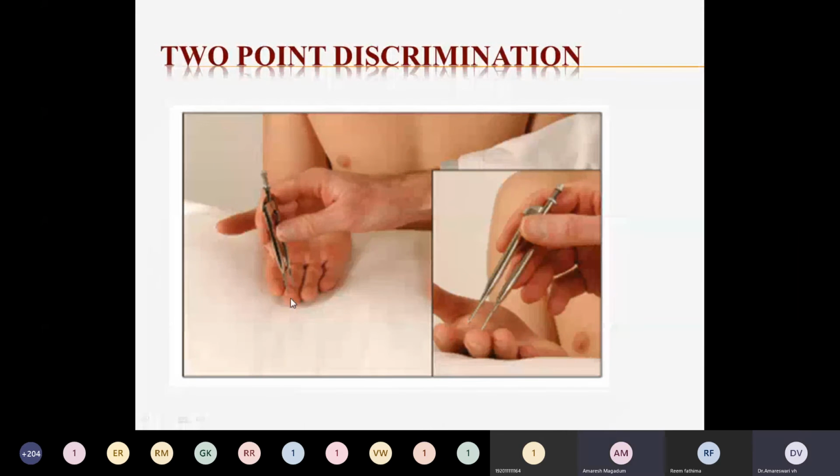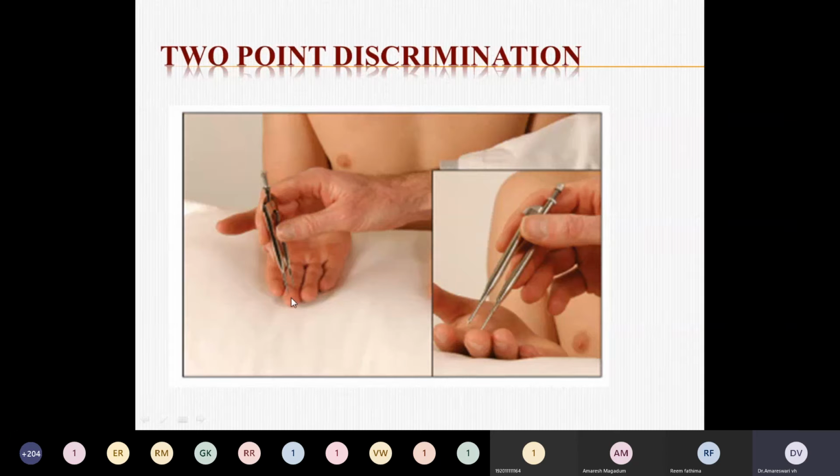Yes, ma'am. So once you complete the fingertips, you examine the opposite side and move on to the palms and check the opposite palm. Like that, you have to find out the 2-point discrimination. In the fingertips, the 2-point discrimination is 2 mm, and as you move on to the proximal areas, the distance will be more.